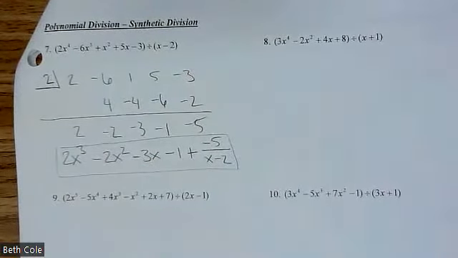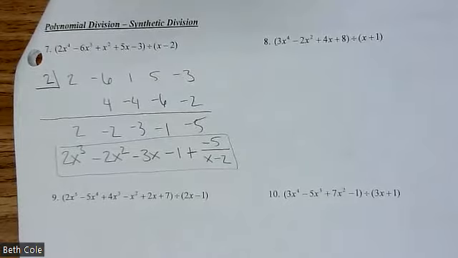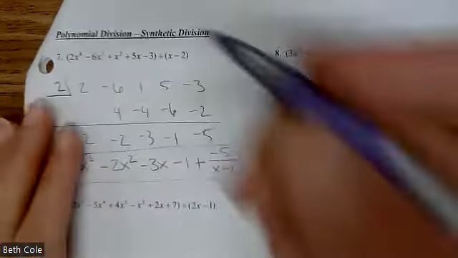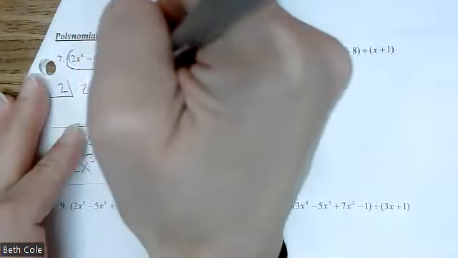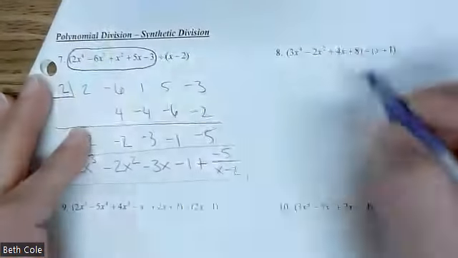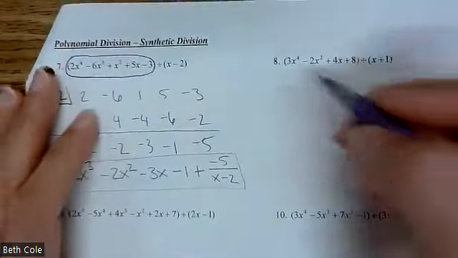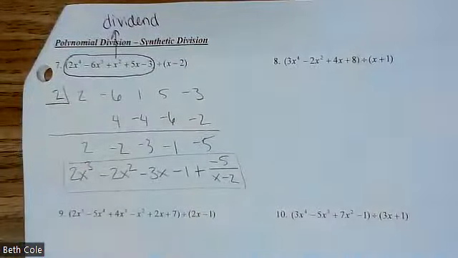Now I'm going to give you some vocabulary before we do the next one. I'm not going to quiz you on the vocabulary, but if I say one of these words, you need to know what I'm talking about. This part is called the dividend. I don't know if you remember these vocabulary words from elementary school.